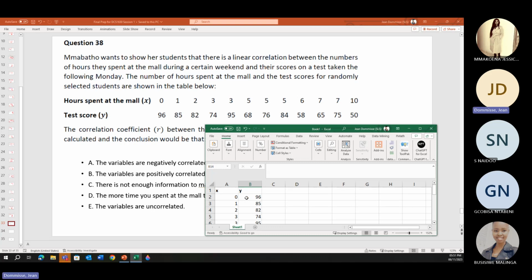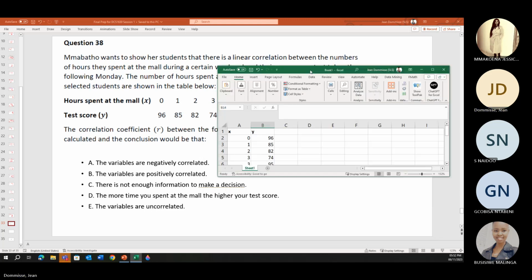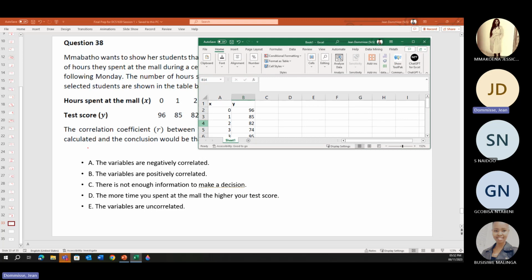So X, Y: 0, 96, 185, 2, 83, 3 or 82, 374, 395, 568, 576, 584, 658, then 765, 775, and 1050. Okay, so the data is correct.